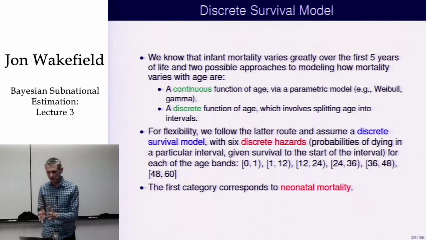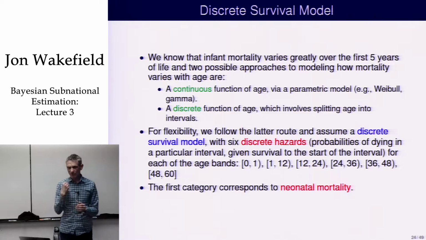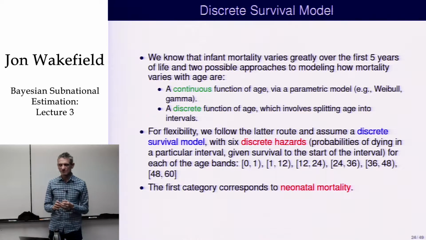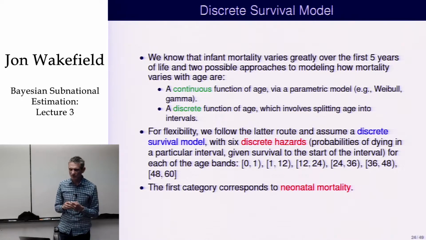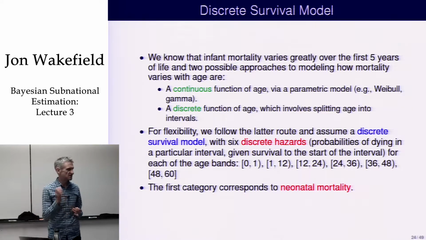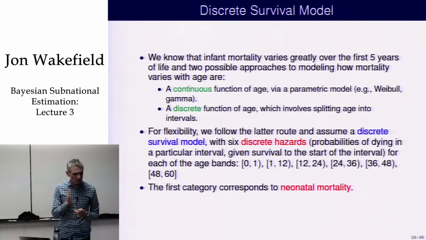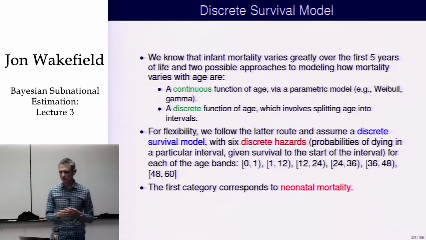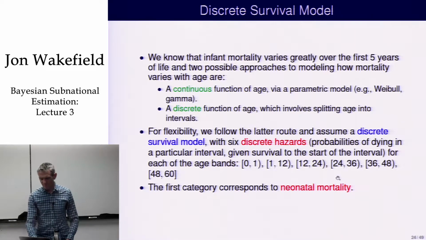So it's much more natural to look at the hazard rather than the overall probability of dying, say between month 1 and month 12. It's more natural to look at the probability of dying between months 1 and 12, given you were alive at the start of that period. Here this is quite typical for this kind of application.